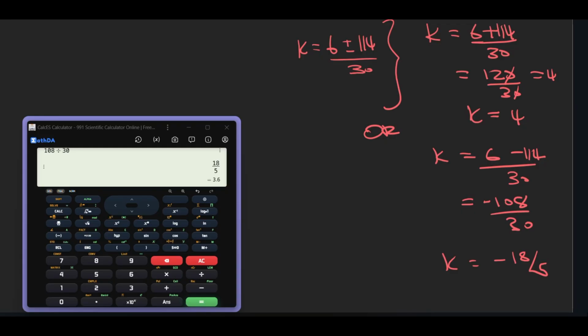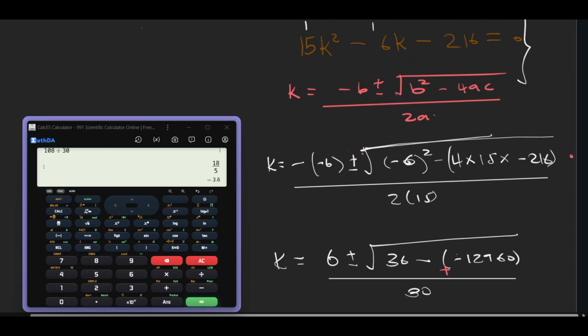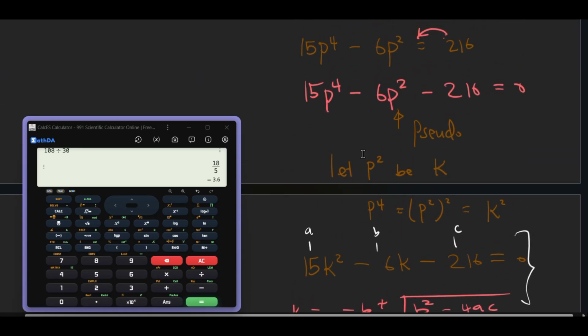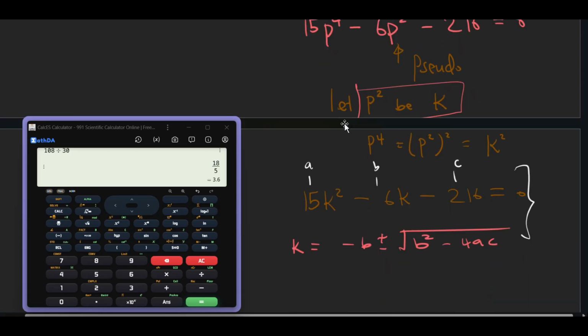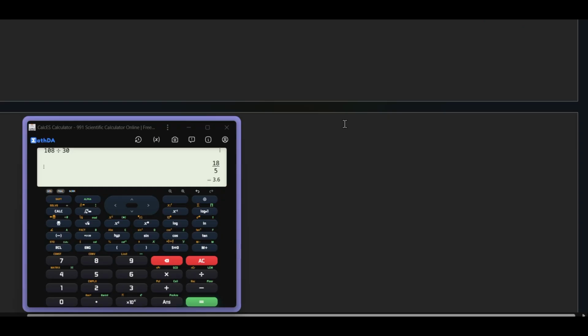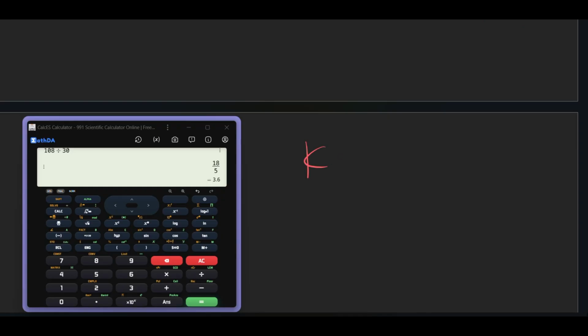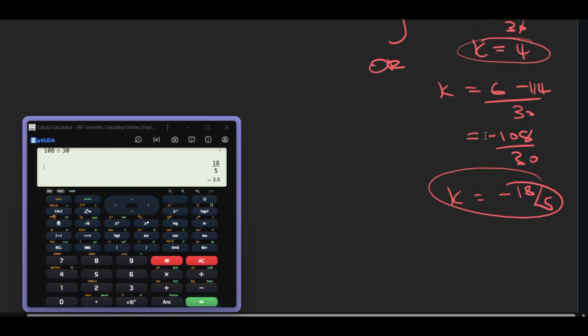Now, I have these two answers for k, but remember, k was a result of me creating a pseudo equation. k was equal to p squared. So we have to come back and substitute.